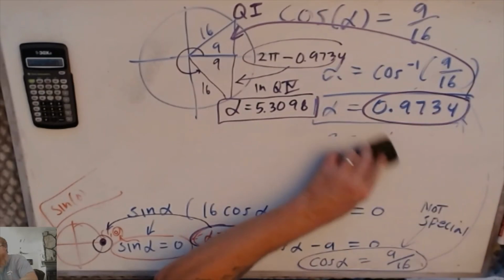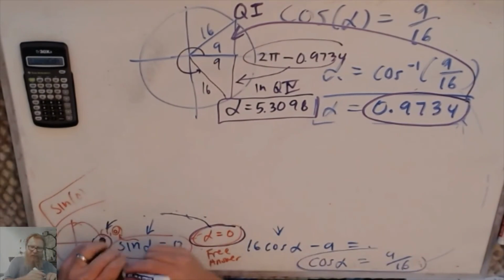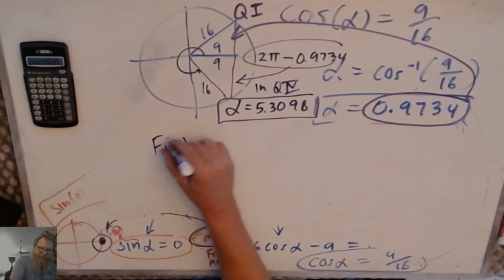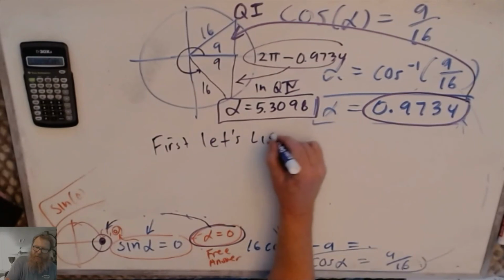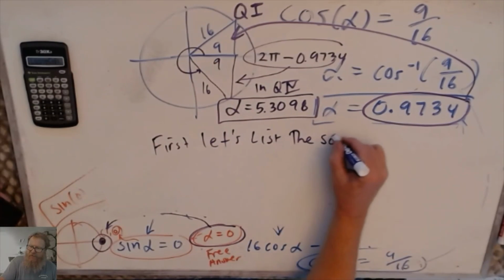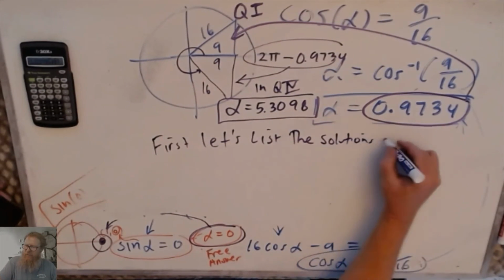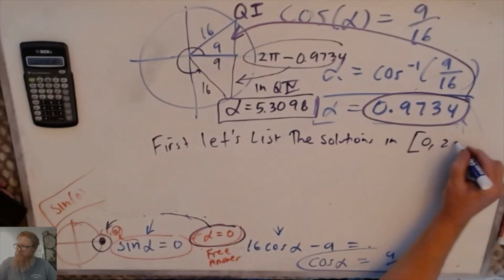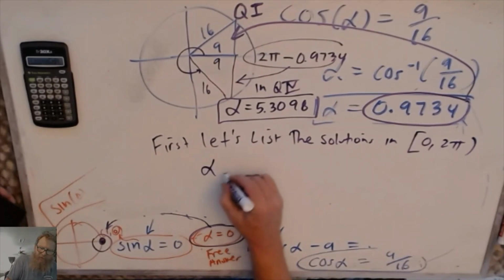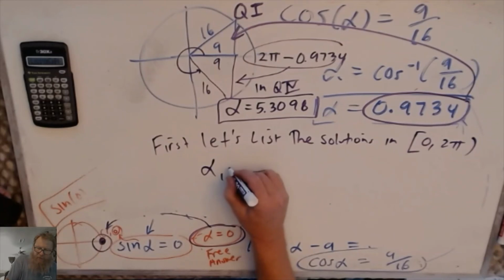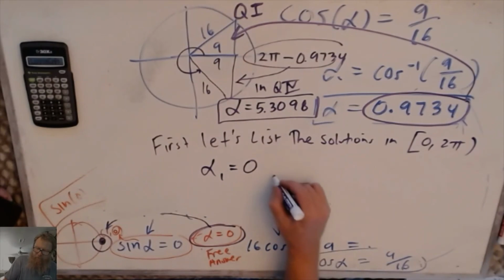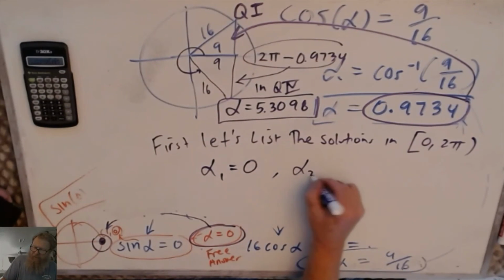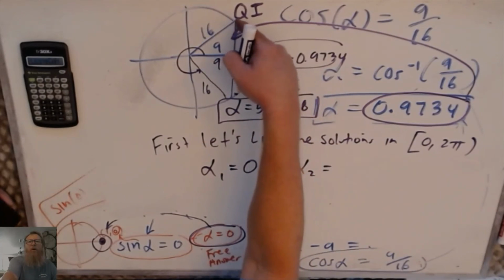So before I find all of the solutions, first let's list the solutions in the interval 0 to 2 pi. That would be alpha 1 is 0. Alpha 2 is in quadrant 1.